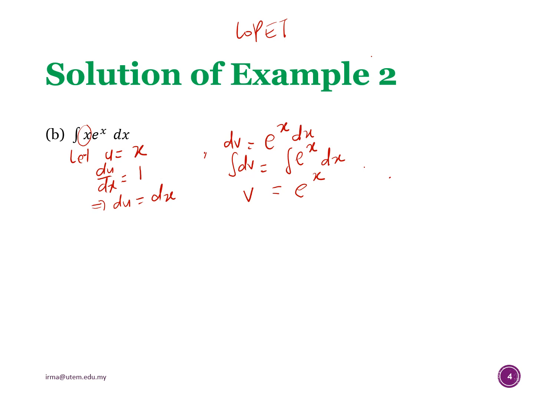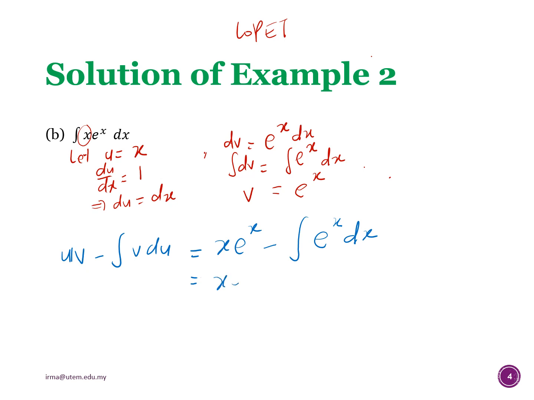Again, by using the formula, which is uv minus integrate v du, u is x, v is exponent x, minus integrate v, which is exponent x, and our du is dx.